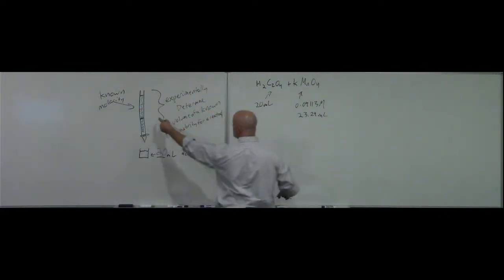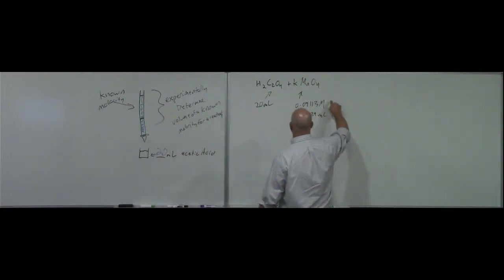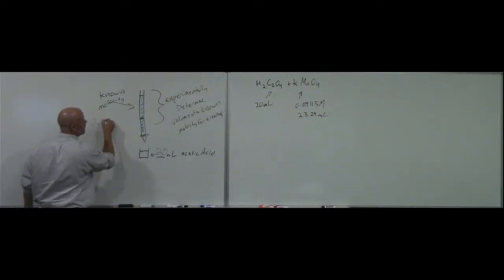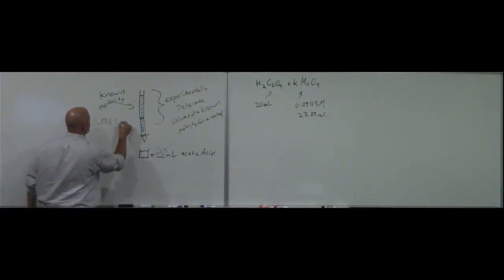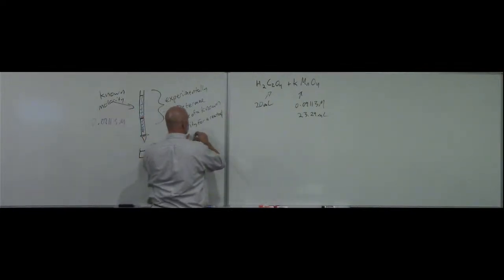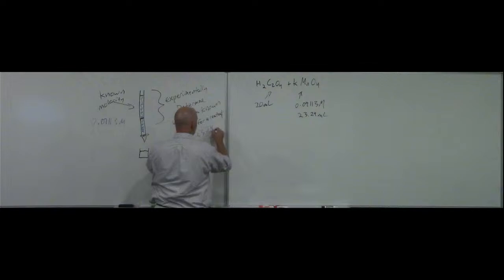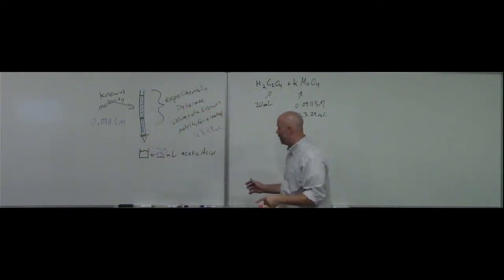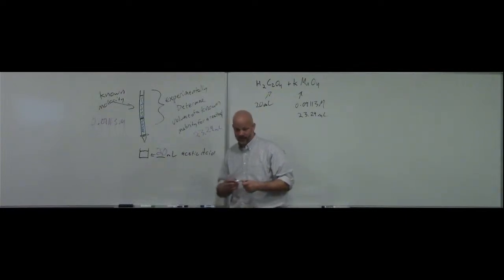I'm titrating it with something in here. I know my molarity, 0.09113 molar. Experimentally, I determined the volume required for this is 23.24 milliliters. I have everything I need now to solve for the molarity of this using stoichiometry.